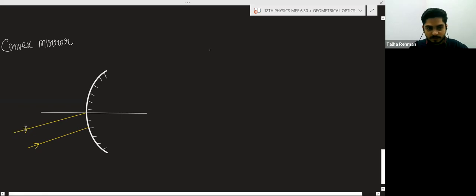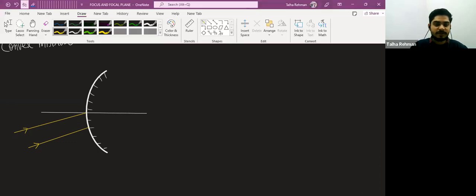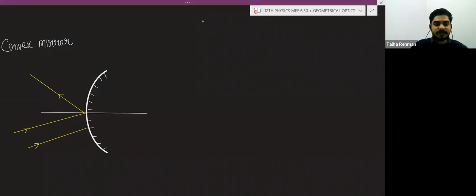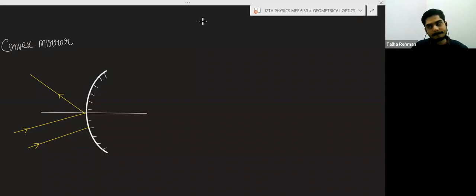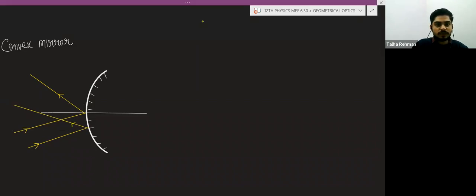Suppose this ray is going like this, and this will be reflected like this, and another ray is this, and suppose this is reflecting like this.